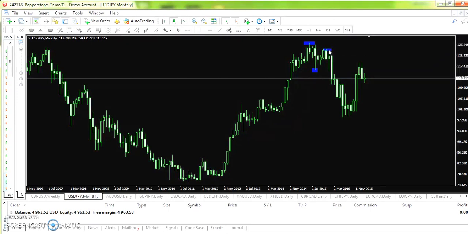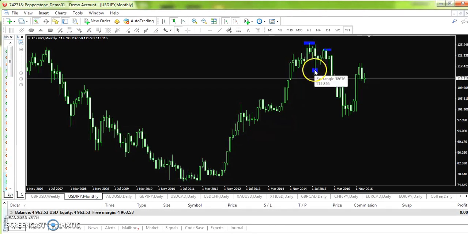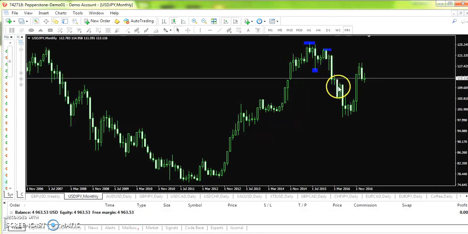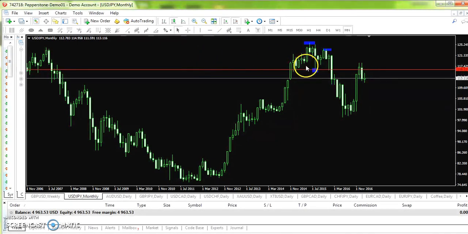Because it didn't break this particular level, right? And as you can see, when the previous swing was broken at this particular point, the market just rolled over. So now we can say on a monthly basis, as long as this particular point remains, it is a sell trend, a bear market. USDJPY is a bear market.